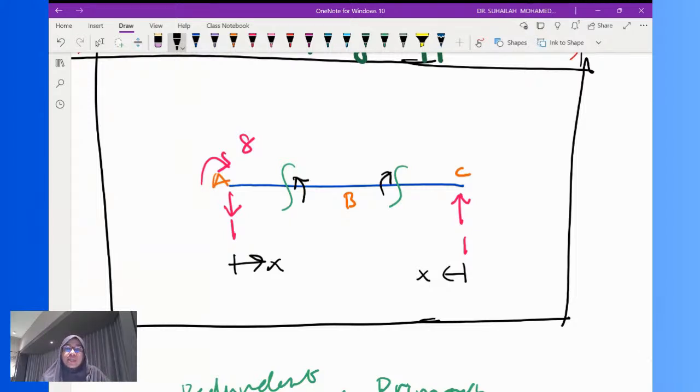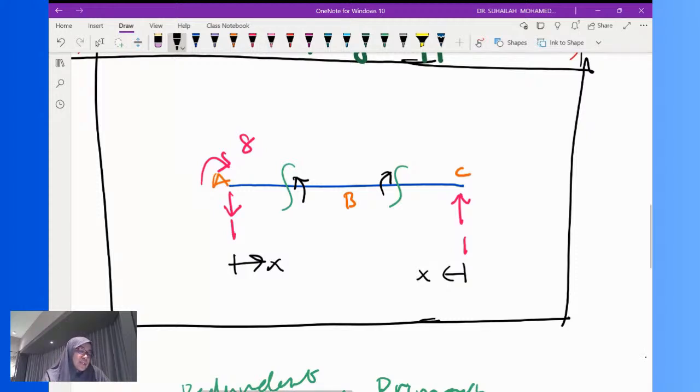It must be consistent between the primary beam and the redundant beam. Between primary and redundant beam, we have to have the same standard: cutting section, origin, as well as moment direction.